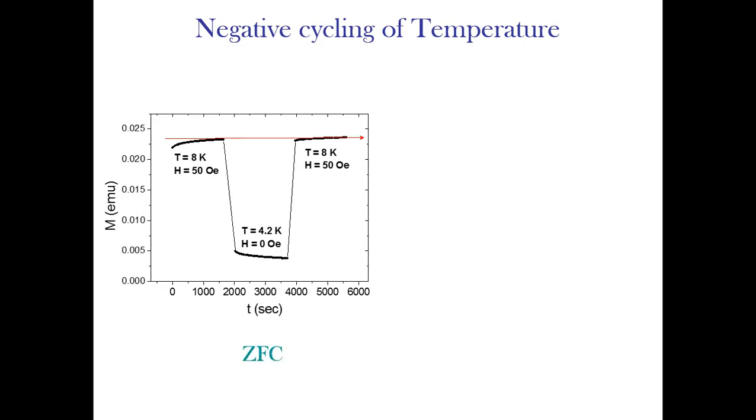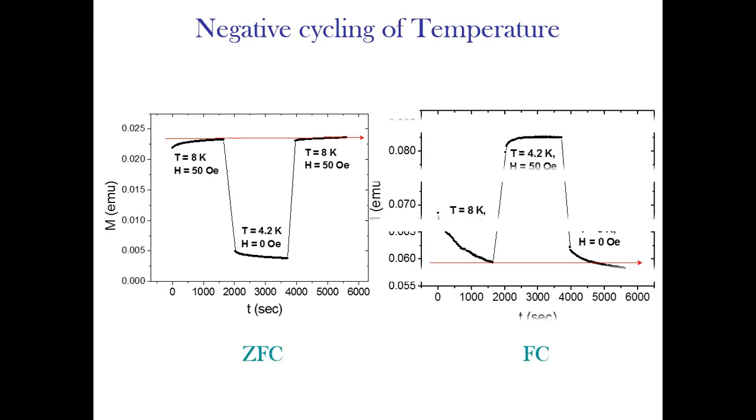Then there is negative cycling of temperature in two protocols. The left one is the zero field cool. You have measured up to 2000 seconds, then you went to some other temperature, and then you switched off the field, and then you measured for 2000 seconds, then you went back to 8 Kelvin and applied the same field as in the previous one, 50 Oersted, and you got the same magnetization at 8 Kelvin as before.